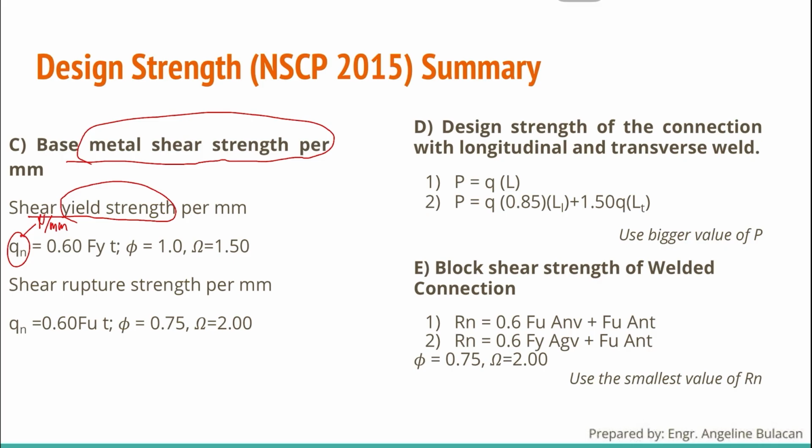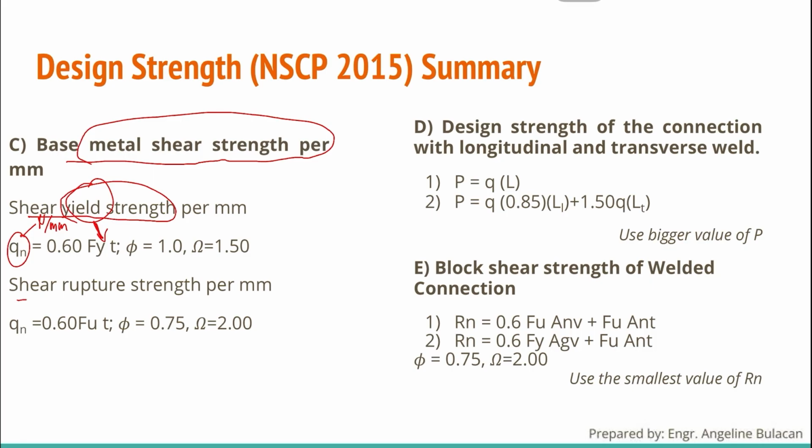When it is yield, of course, you use the yield stress, that's why Fy is used. Then, the reduction factor is 1. For ASD, the safety factor is 1.5.